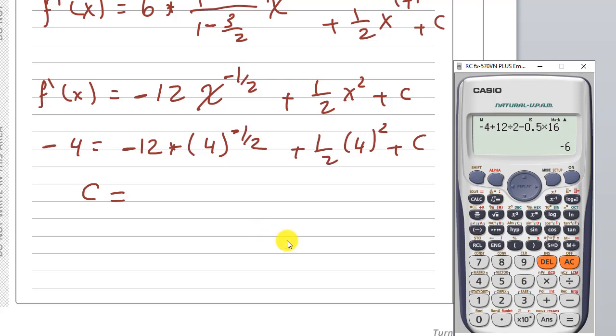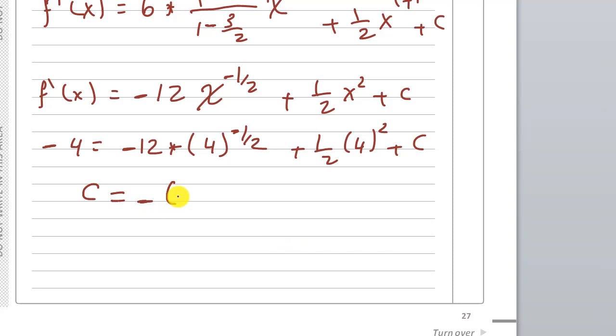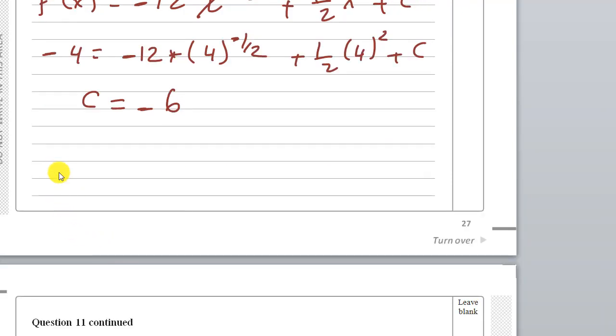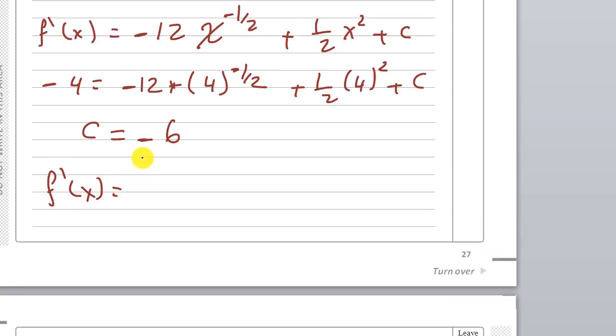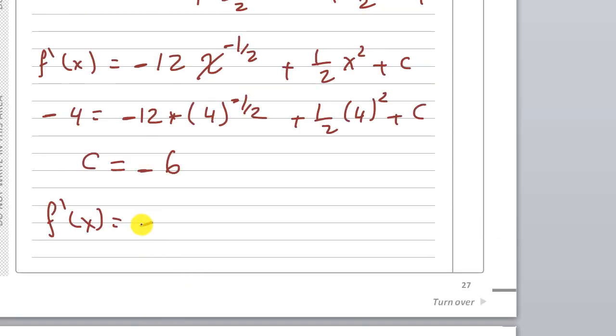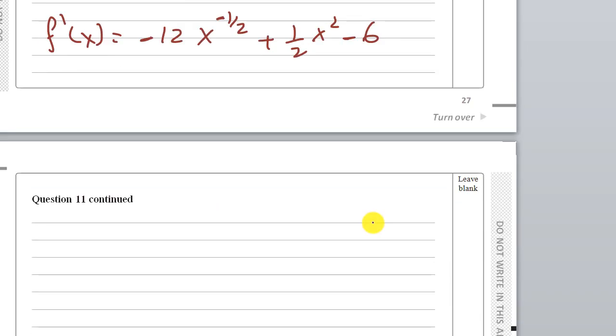So c is equal to minus 6. So f dash of x is equal to minus 12x minus half plus half x squared minus 6.